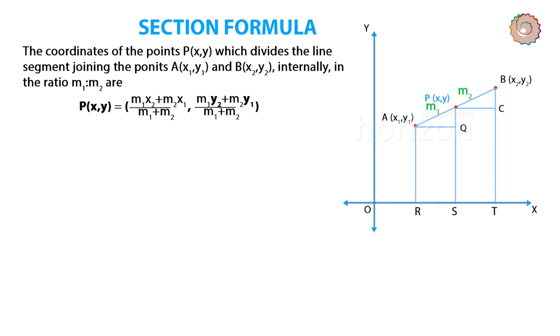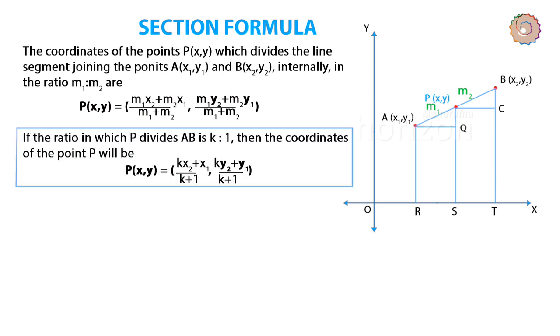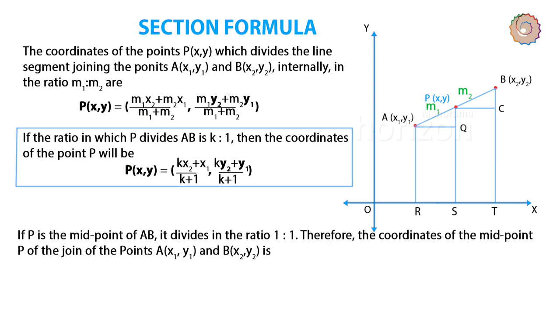This can also be derived by drawing perpendiculars from A, P, B on the y-axis and proceeding as above. If the ratio in which P divides AB is k is to 1, then the coordinates of P will be P(x, y) equals ((k x2 plus x1) divided by (k plus 1), (k y2 plus y1) divided by (k plus 1)). If P is the midpoint of AB, it divides in the ratio 1 is to 1.